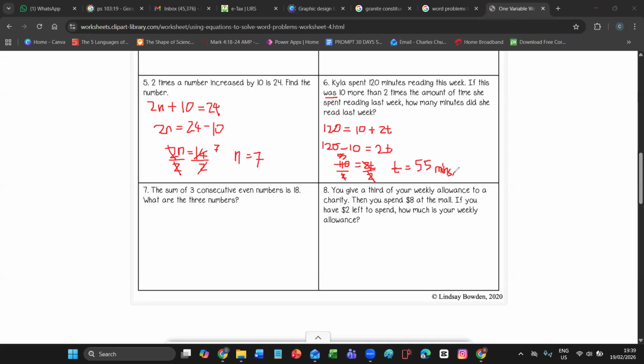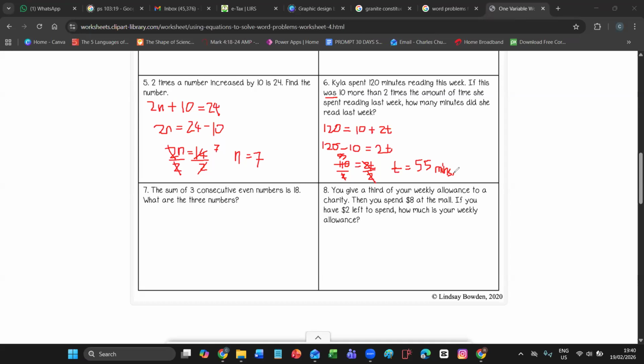Now we know that 35, 37 are odd numbers, right? After 37 will come what? 39. So 35, 37, and 39 would meet the conditions for consecutive odd numbers, right?